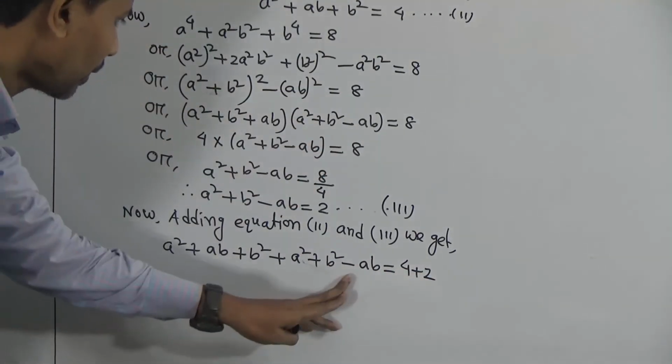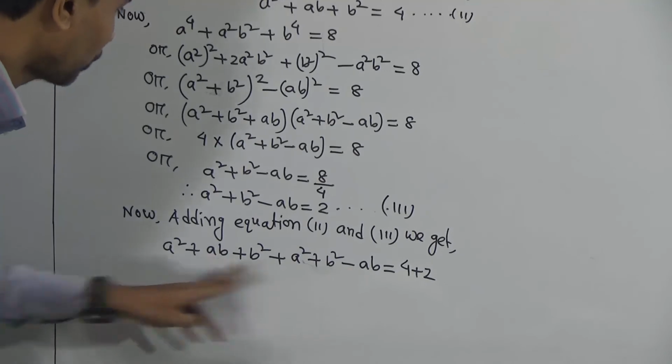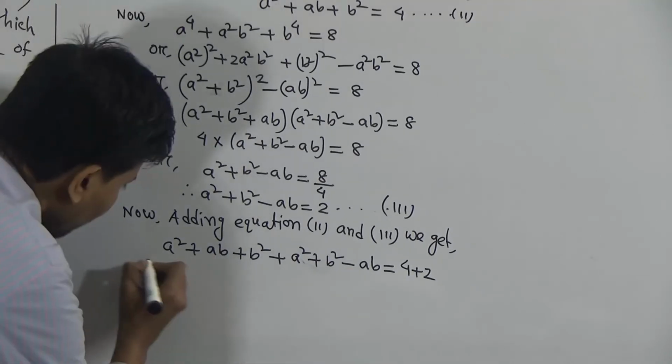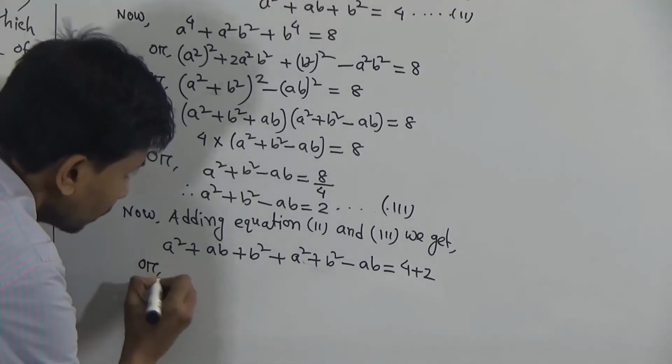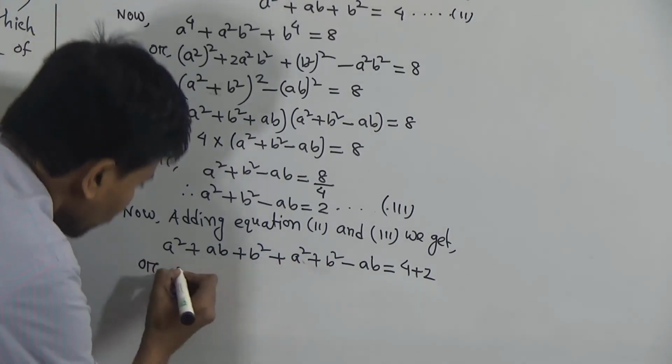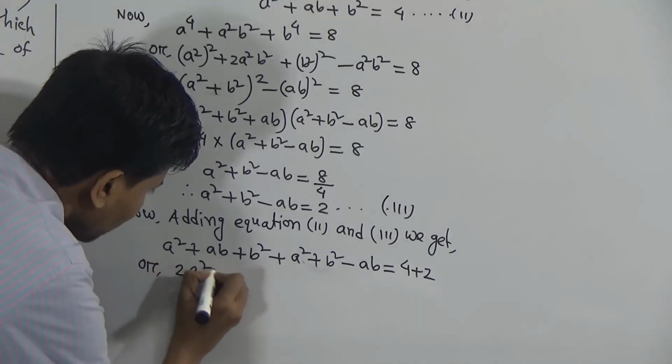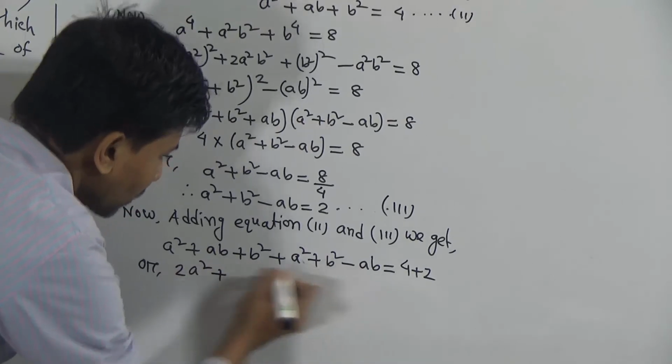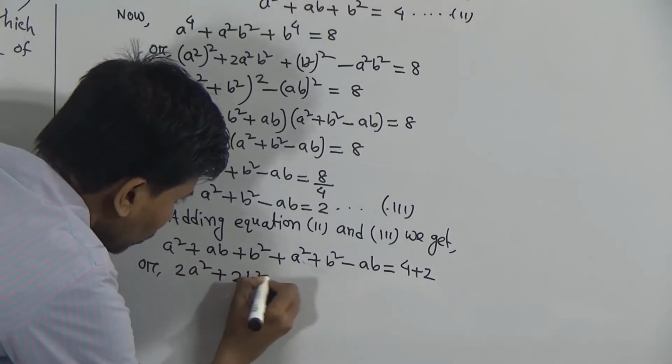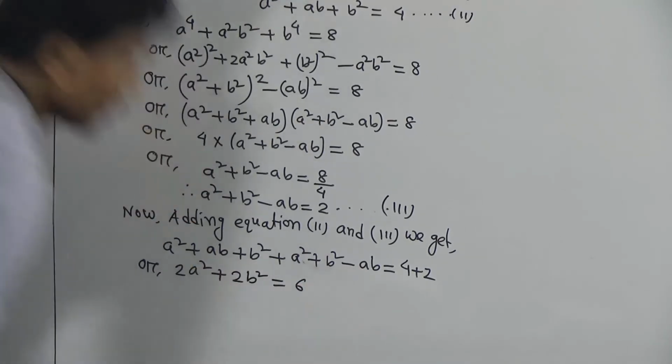You see, this is minus ab and this is plus ab, so they vanish. Then we get a square plus a square, 2a square, b square and b square, 2b square, equals 6.